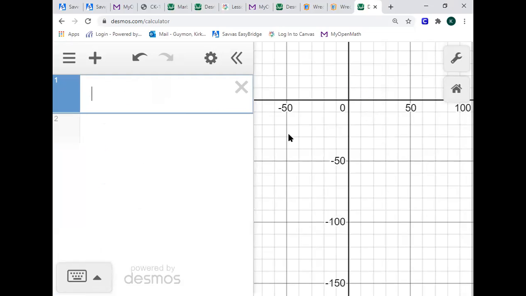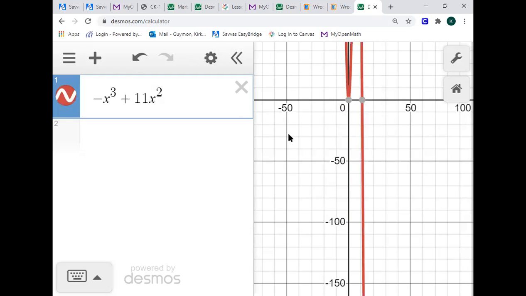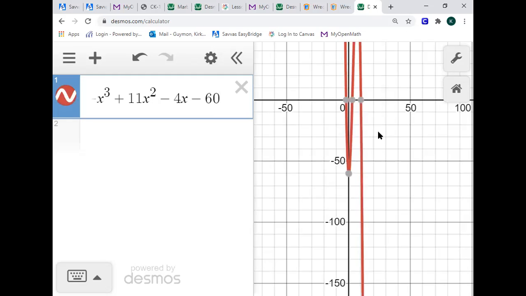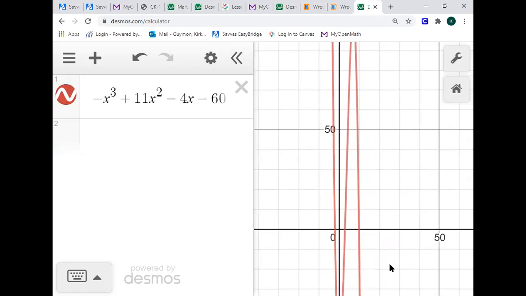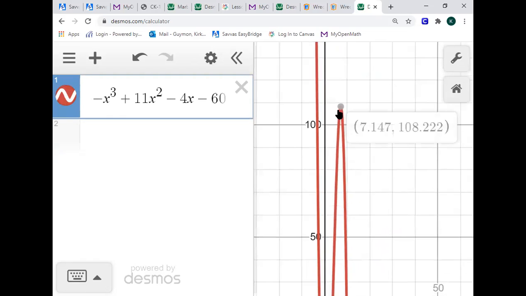Put that equation in, -x, shift caret 6 to the third, arrow to the right, get out of the exponent, plus 11x, shift 6 squared, get out of the exponent, minus 4x minus 60, I believe, was our equation. And if we wanted to know exactly that max point, if I click there and hover, it's a little more than 7, and it would be the 108, just out of curiosity.